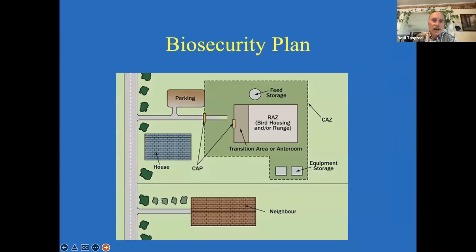Okay, finally, how we're coping with this is having a biosecurity plan. Every person with a collection of birds, be they farmers or aviculturists of some kind, should have a biosecurity plan, which involves looking at your entry points from the outside world into your bird housing and having some form of control there.